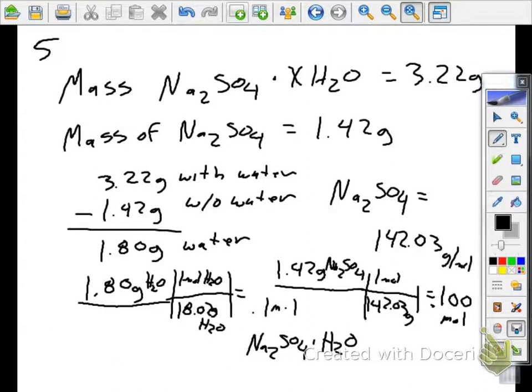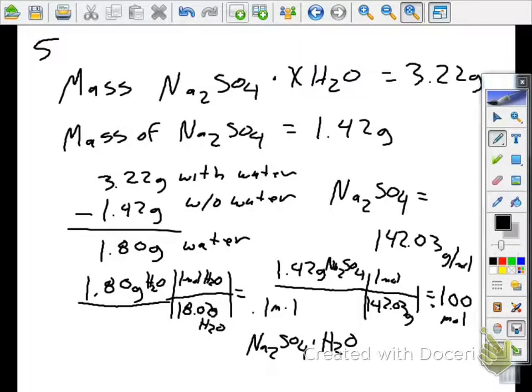Okay, so number 5, we went ahead and changed grams to moles for both Na2SO4 and for water, and we came out with 0.1 for each. And so that'd be a 1-to-1 ratio. Okay, going back through this, it is set up wrong.